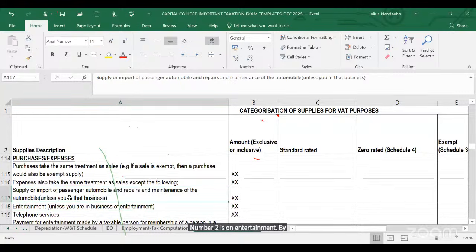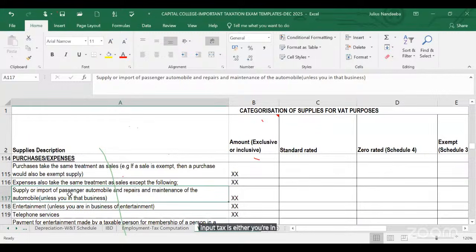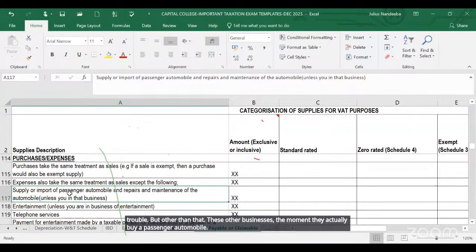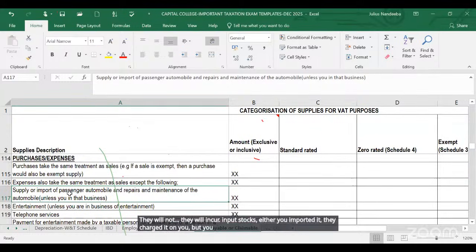By the way, in number one, in passenger automobile, the only time you're going to claim input tax is if you're in the business of buying and selling those motor vehicles, or you are in the business of tour and travel. But other than that, the moment they buy a passenger automobile, they will incur input tax. Either you imported it, they charged it on you, but you cannot claim it.